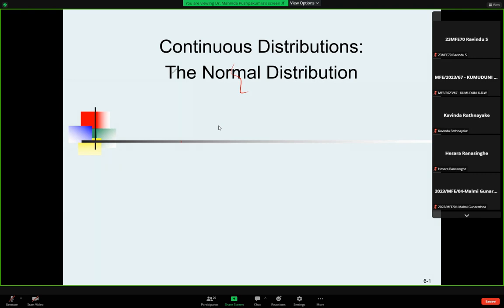Today, our discussion is about continuous distribution, which you can use to calculate probability related to continuous random variable.